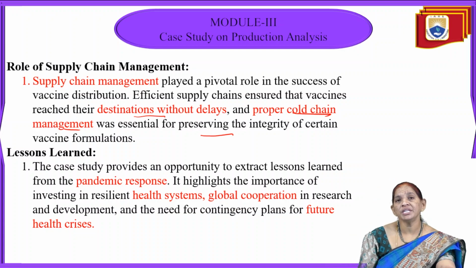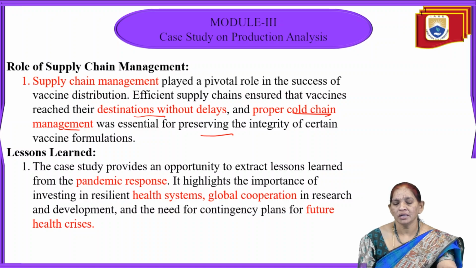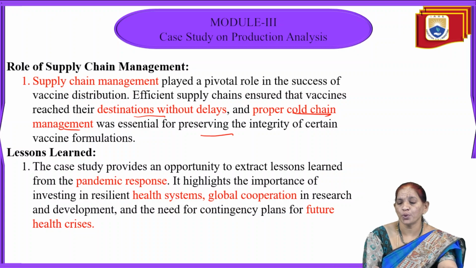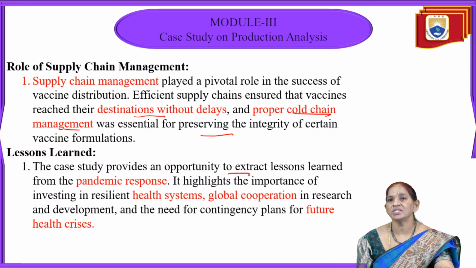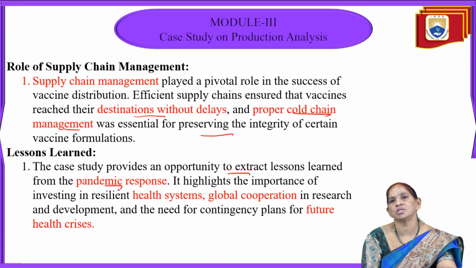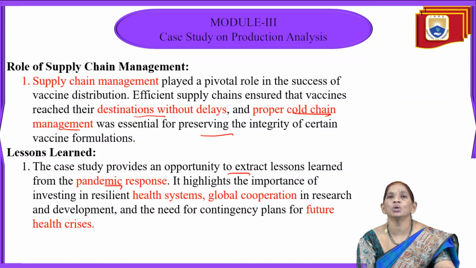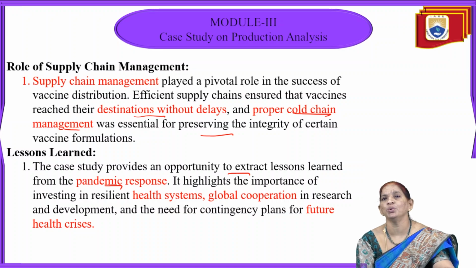Due to this COVID pandemic, lessons have been learned not only by one country but by the total world. This case provides an opportunity to extract the lessons we learned from the pandemic response. When any pandemic occurs, the whole world should come together in a coordinated and cooperative manner.